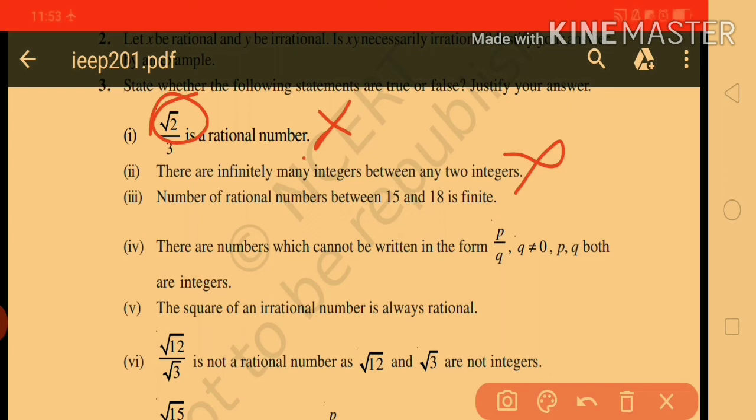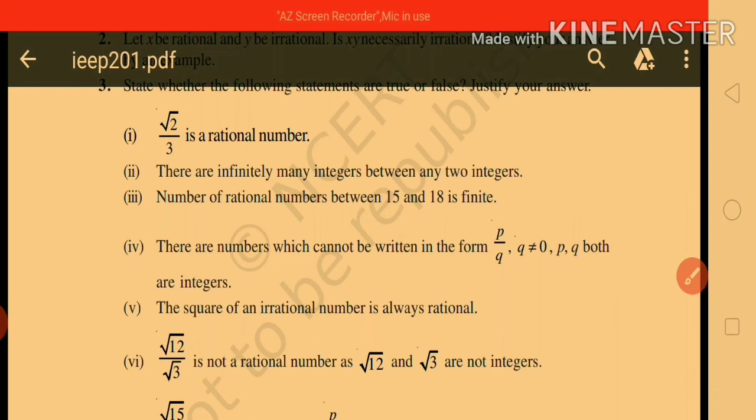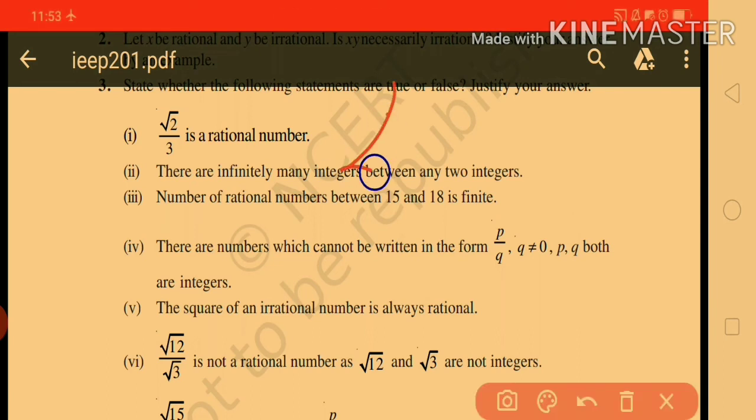It is wrong because if you take 2 and 3, there is no integer in between them. But there are some decimal numbers in between them. They are rational or irrational numbers, okay, they are not integers. So third is also false.